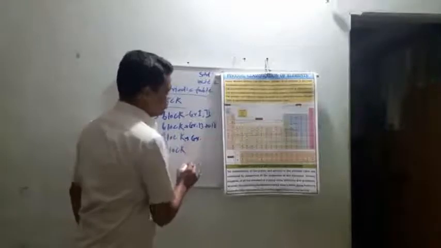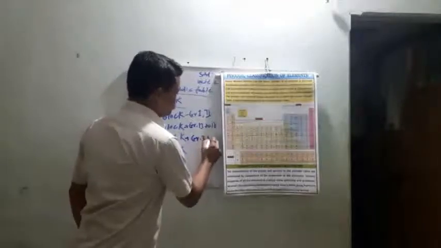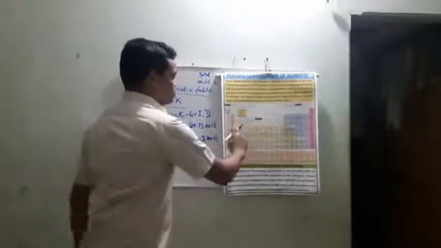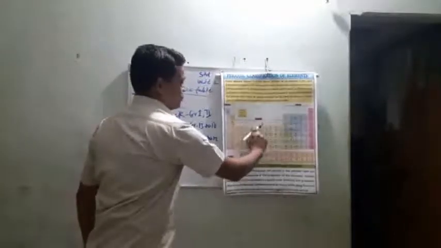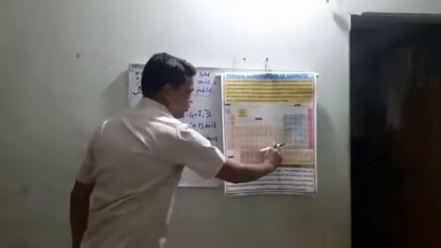So group 3 to group 12 is called the D block.